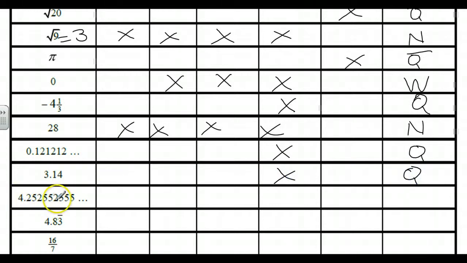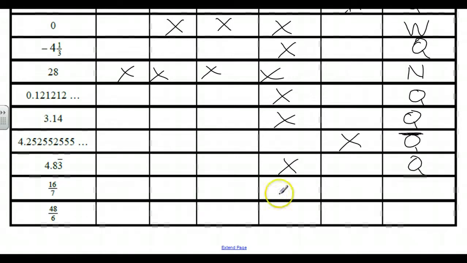4.25, 255, 555. So we've got 1 5, then 2 5s, then 3 5s, and then it'll be 4 5s, and that's just not rational. So it's irrational, Q bar. 4.83 repeating. A repeating decimal is rational. 16/7.